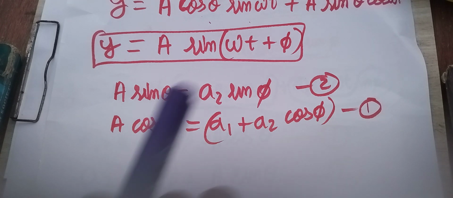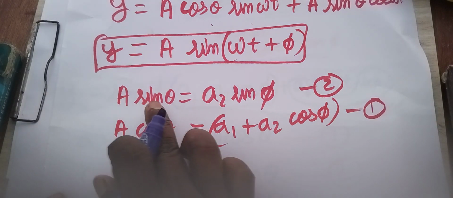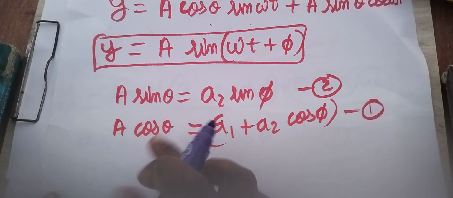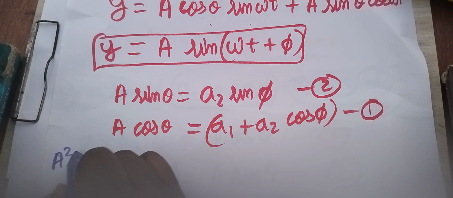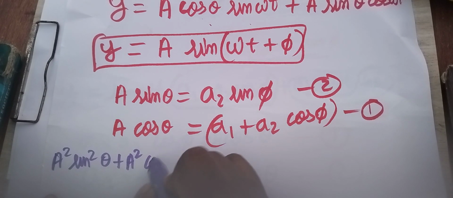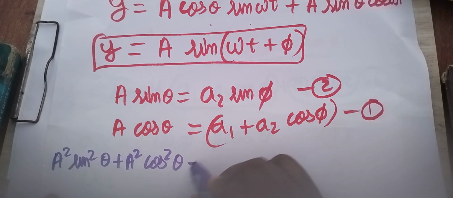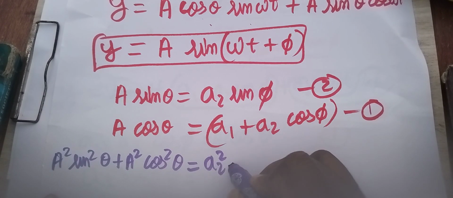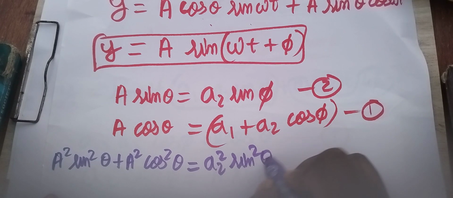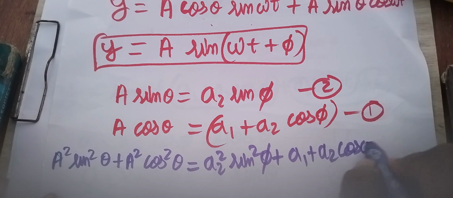This one squared, I will get A square sin square theta. This one squared, A square cos square theta. So A square sin square theta plus A square cos square theta, squaring and adding both the equations, is equal to A2 square sin square phi plus (A1 plus A2 cos phi) whole square.